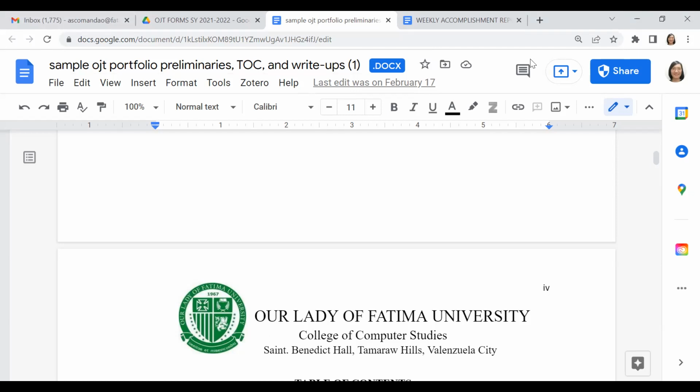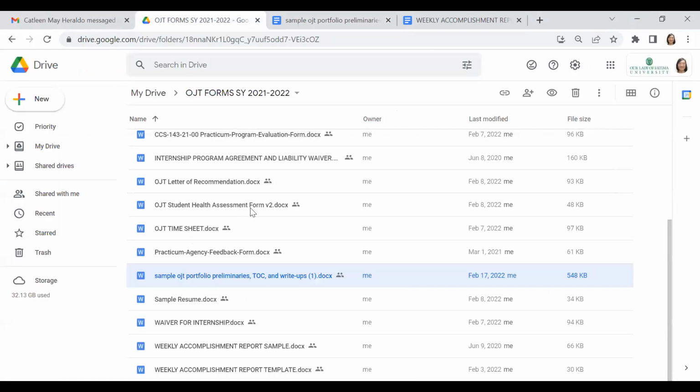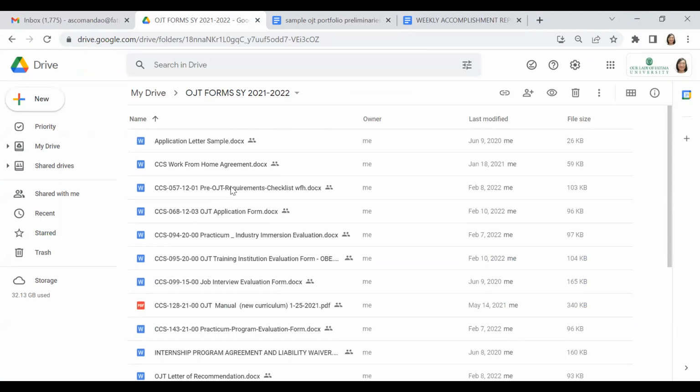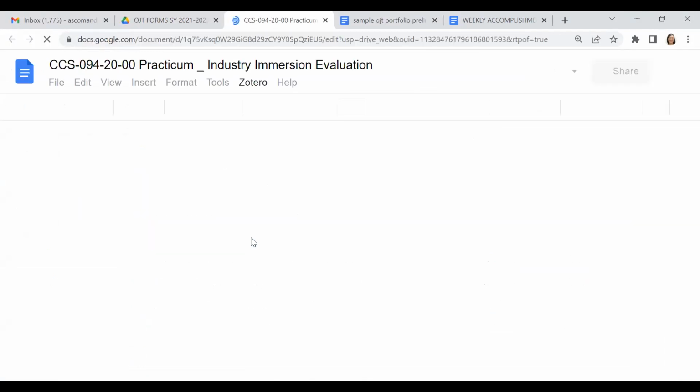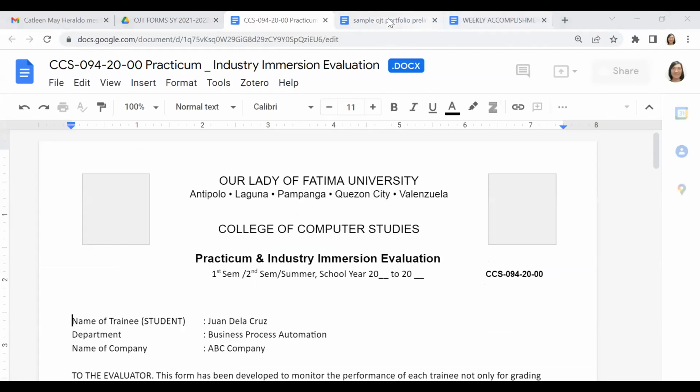So the rest of the documents are also here, like the practicum industry immersion evaluation.